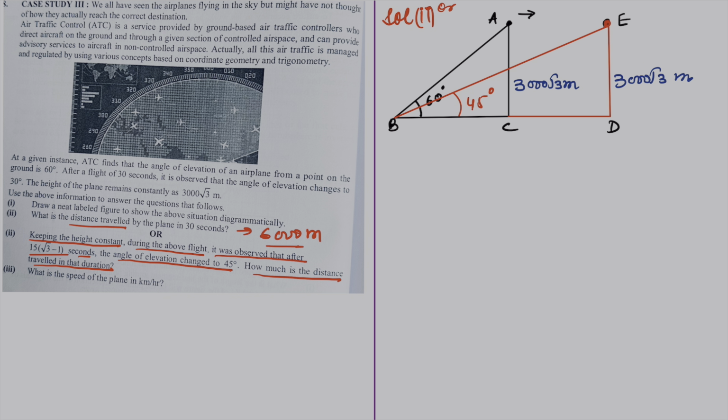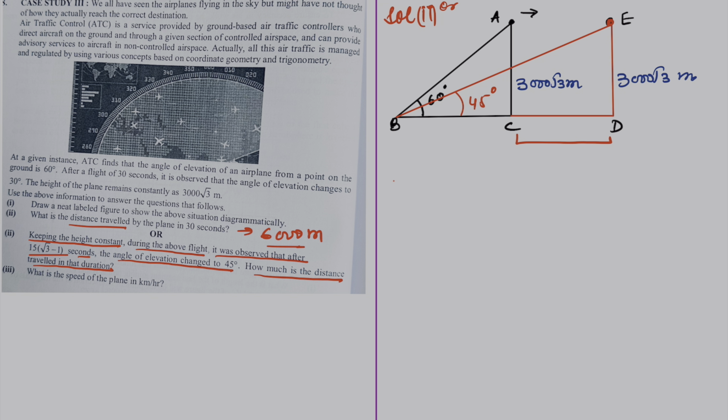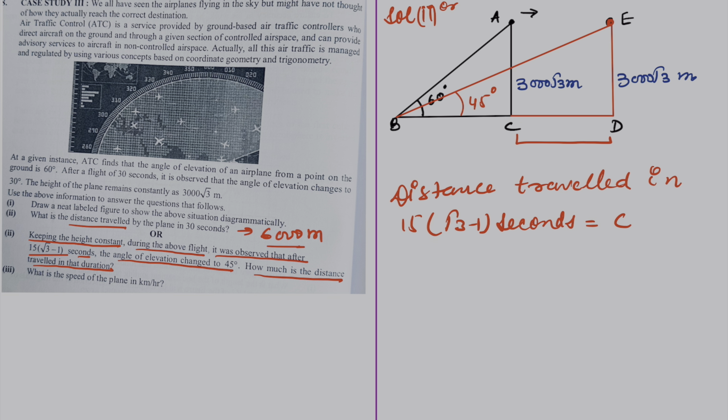So now what we have to find is CD only, because the distance traveled by the plane in the required time is CD. So we will write here, distance traveled in 15 root 3 minus 1 seconds will be equal to CD, and we know that CD is equal to BD minus BC. Now for BD we will use the triangle BDE.